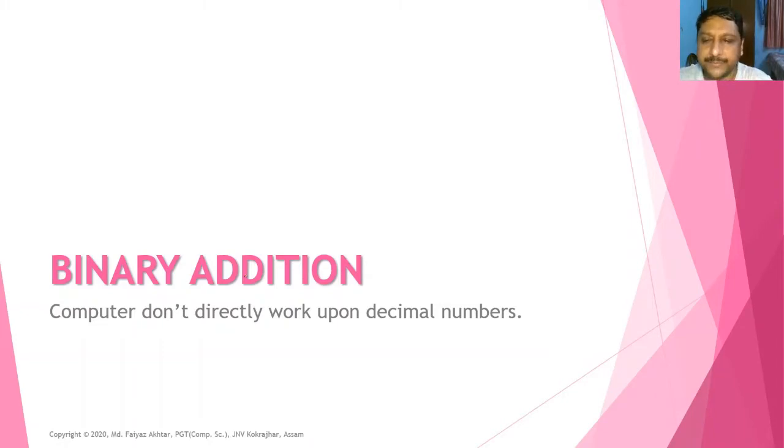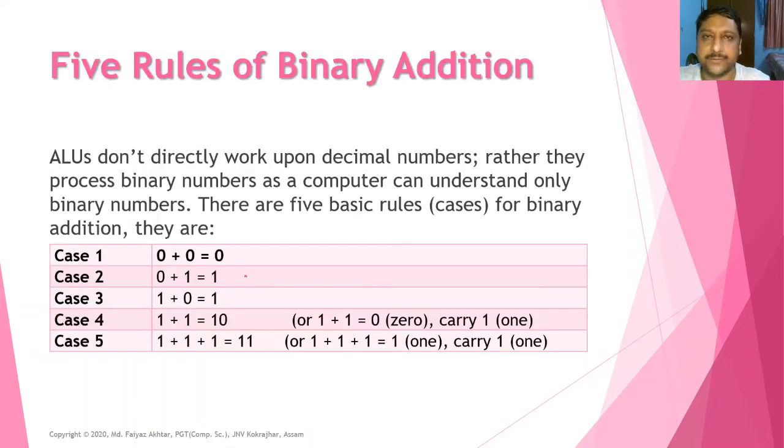As we know that computers don't directly work upon decimal numbers, so we have to perform decimal addition using binary addition. See how it is done internally. To do binary addition, there are 5 rules.